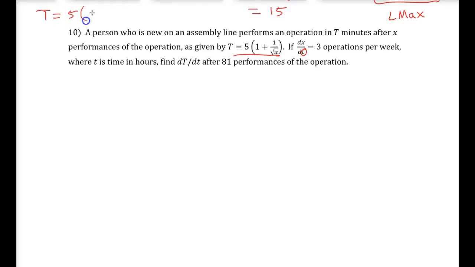So we know that 1 divided by the square root of x is the same as 1 divided by x raised to the positive 1/2, which we can rewrite as x raised to the negative 1/2. We want to make sure that we have that in place first before we take the derivative of both sides with respect to little t. So let's go ahead and do that now.